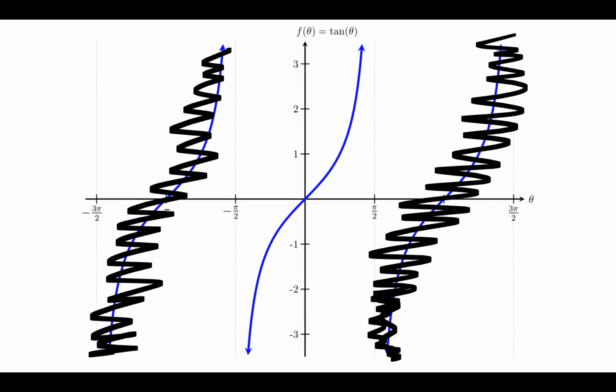I go from -pi over 2, except I don't include it because it never gets there, right? Just like sine, I'm going to the negatives. This is quadrant 4 going into the negatives, and quadrant 1. So this works just like sine now. Glad we put those negative values in.